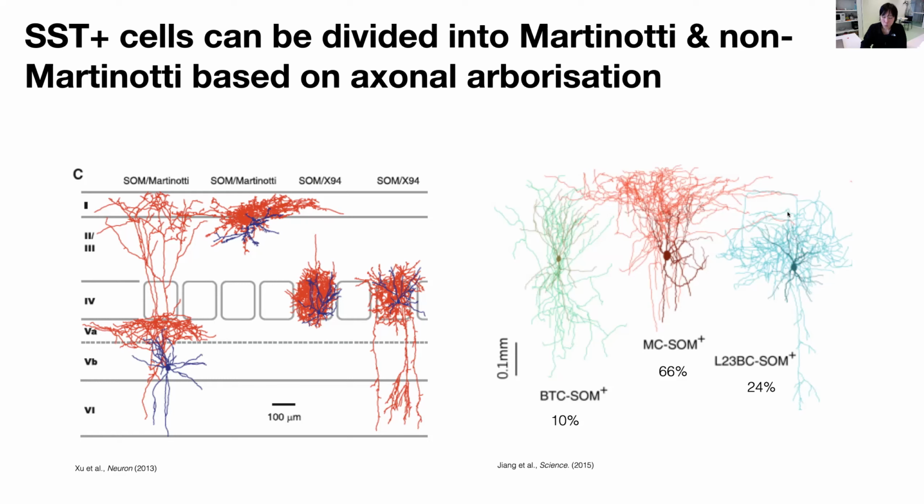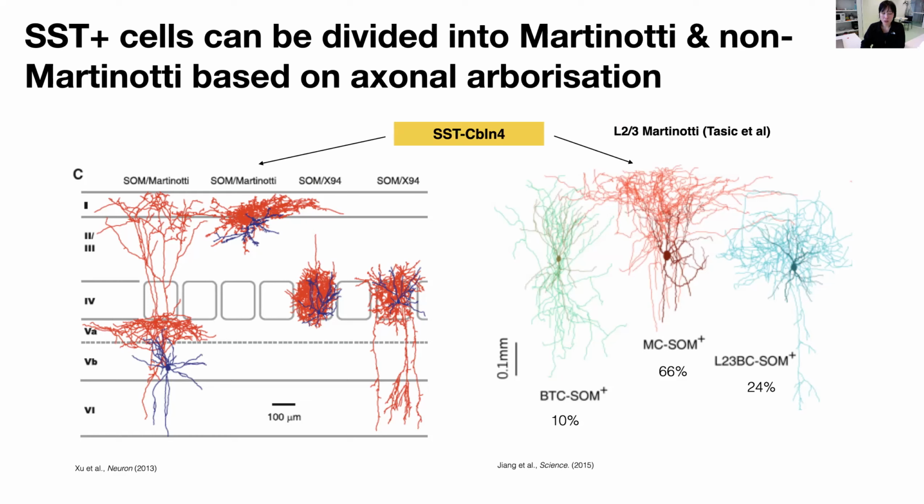In the Allen Brain single-cell transcriptomic paper, they were able to link one of their transcriptomic populations, the Cerebellin 4 population, to layer 2-3 Martinotti cells. So we know that this is the population that shares similar molecular features with cells that are taking the marginal zone.